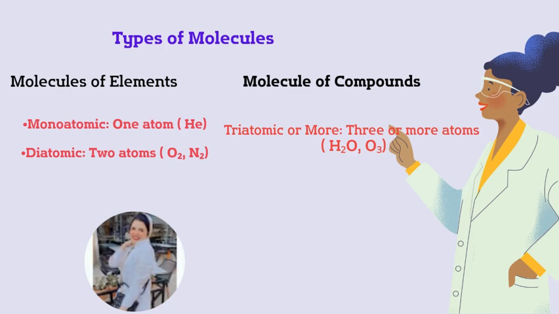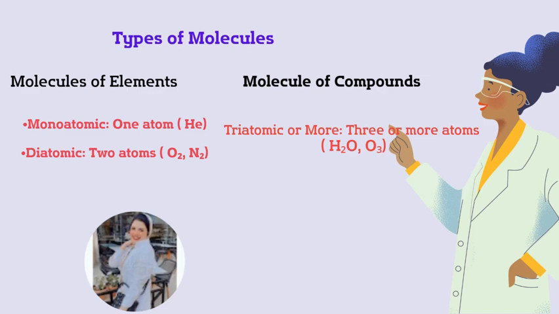here is a differentiation between molecules of elements and molecules of compounds. Molecules of elements are of two types. Monoatomic, which is helium, just helium, one atom forming a helium molecule. Diatomic, two of the same atom bonded together to form a molecule, like O2 oxygen, one oxygen atom chemically bonded with one oxygen atom to form an O2 molecule.